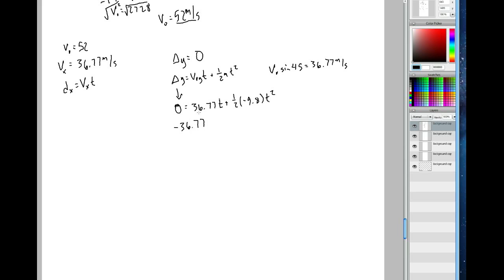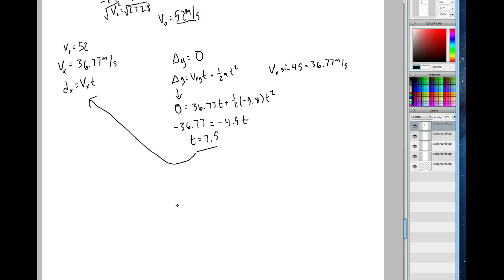It is without its t because I've divided both sides by t. That equals negative 4.9 t, and so total hang time is going to be 7.5 seconds. Now that you know the total hang time, plug that in and find your total distance.